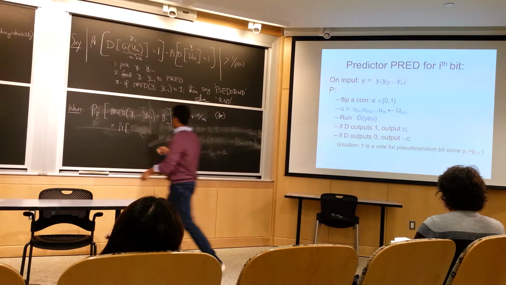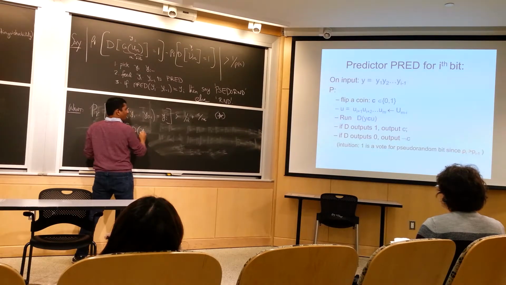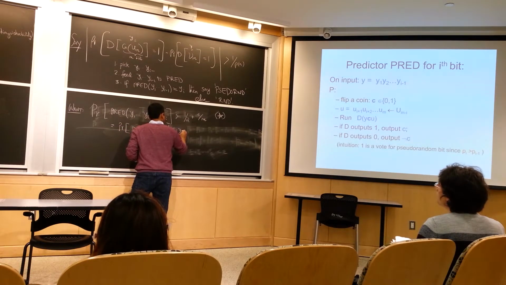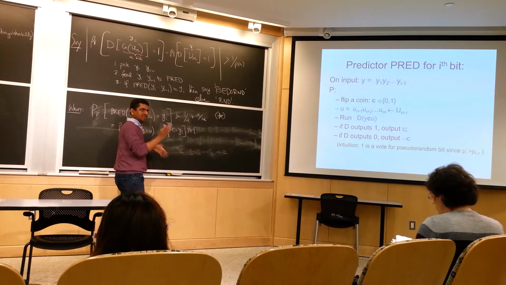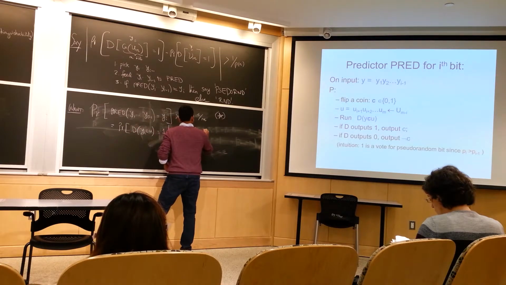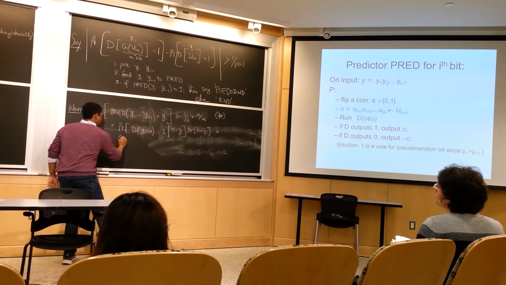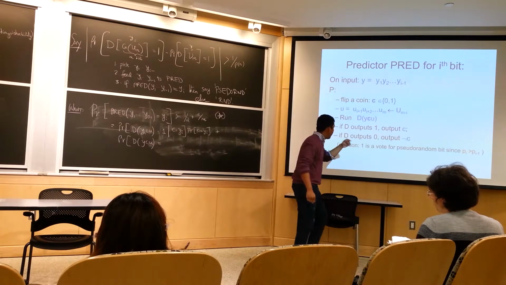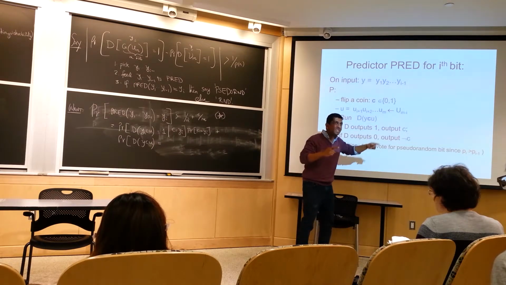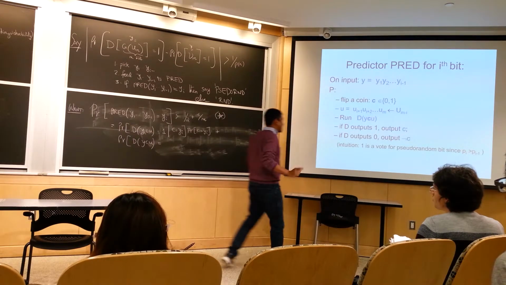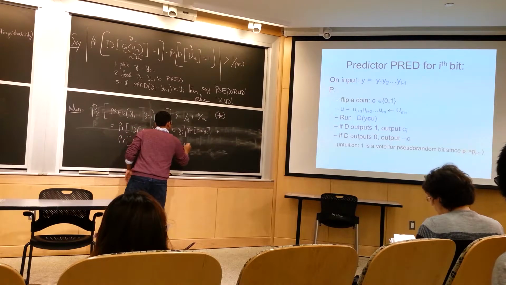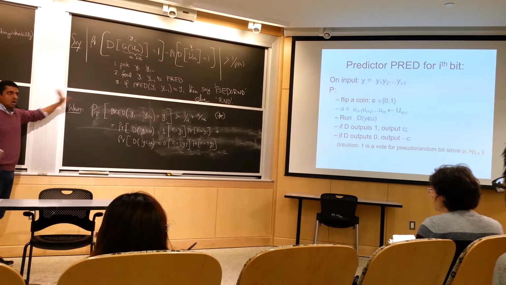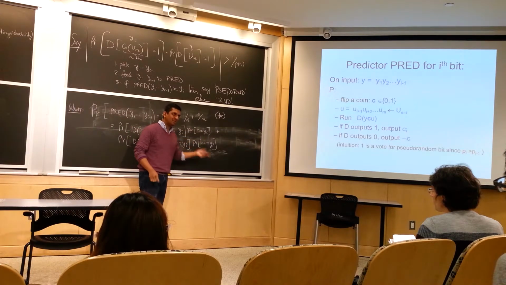So it's the probability that the distinguisher outputs 1, conditioned on C equals yi, times the probability that C equals yi, plus the probability that C is the opposite of yi and the distinguisher outputs 0. Then I will output the opposite of C, which is yi. So that's another event: C is not yi, times the probability that C is not yi. This is just conditional probabilities. And these two are exhaustive, yes? Either C is equal to the bit or it's the opposite.